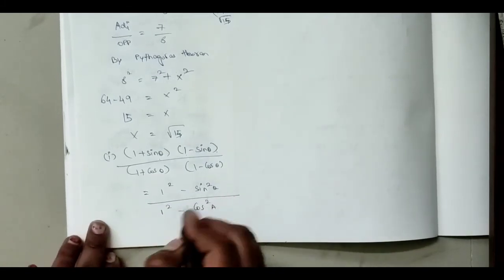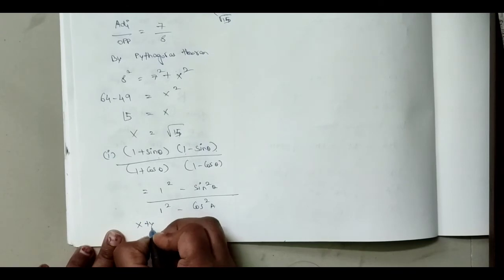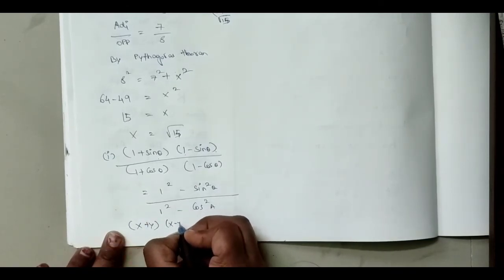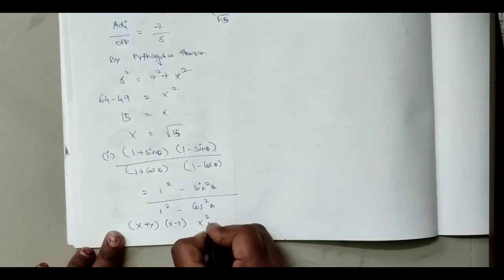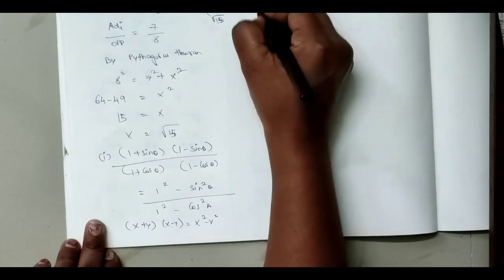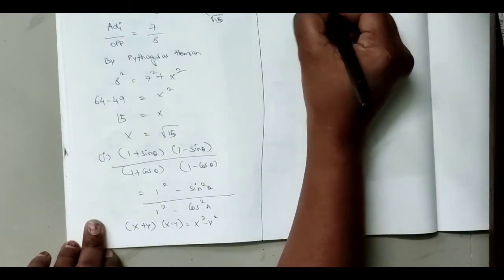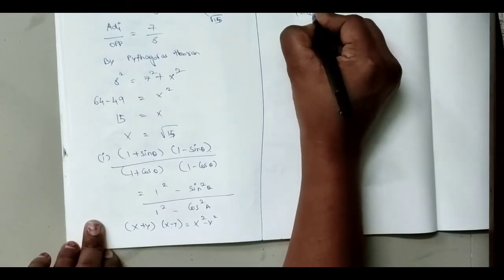This is from the formula (x plus y) into (x minus y) equals x squared minus y squared. That is what we have got here, which is nothing but 1 minus sine squared theta divided by 1 minus cos squared theta.